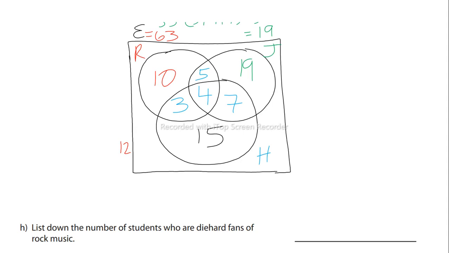Diehard doesn't mean exclusive; it just means strong. But we'll see what the solutions manual says. I don't get that impression. If they wanted to say that, they should have said only. But we'll see. Okay, I understand. That's no problem.